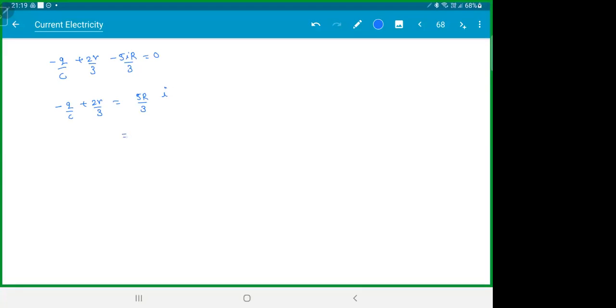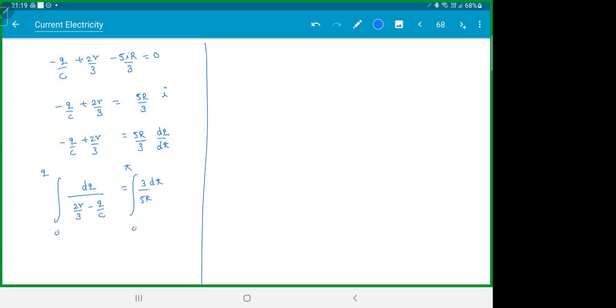I is nothing but dq by dt. So this will become dq by (2V by 3 minus q by C) is equal to 3 dt by 5R. Integral on both sides, 0 to q and 0 to t.